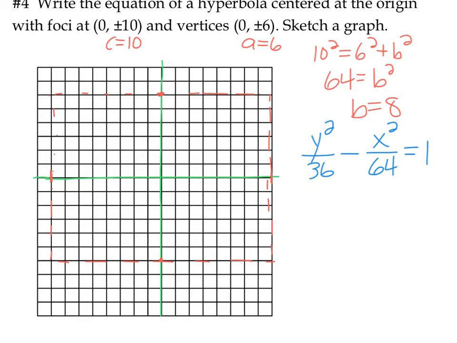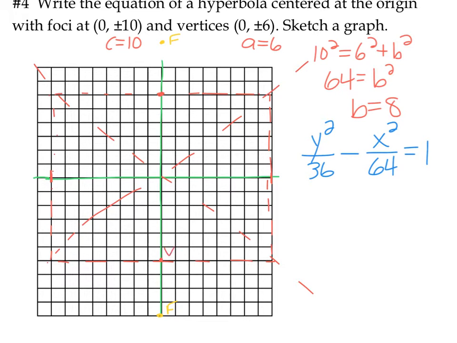Okay, so now our asymptotes would go through the corners of that box, and our focus is going to be 10, so I'd go up and down 10, up here for our focus, and then down 10 there for our focus.